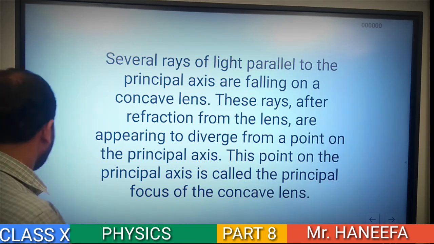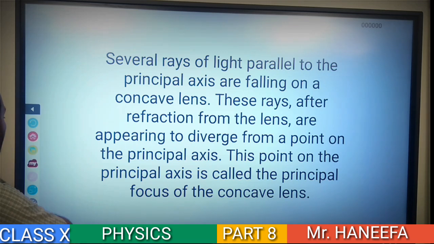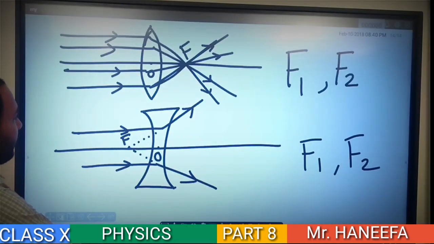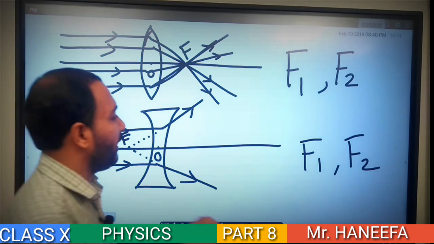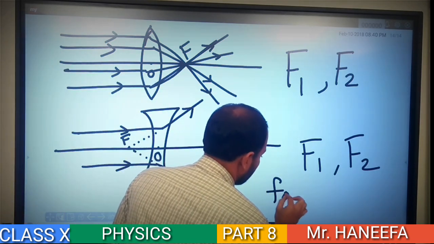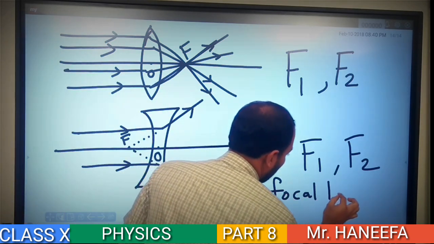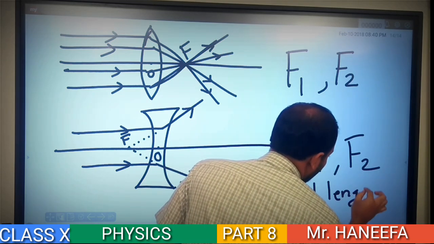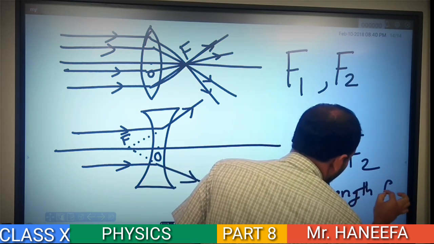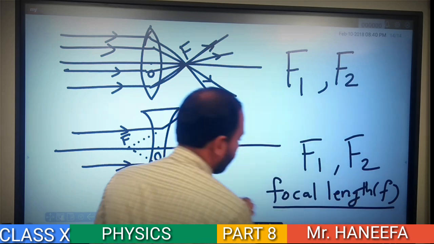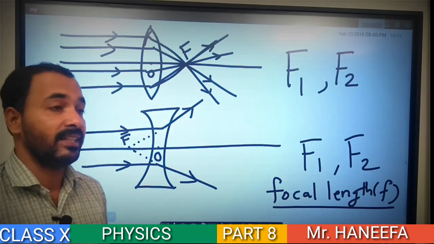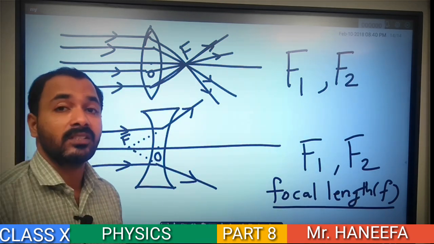Okay. Next point is the focal length. Focal length is represented by a letter F. We know about focal length. We discussed it in the case of mirror.